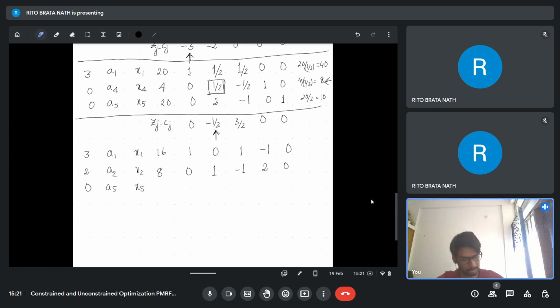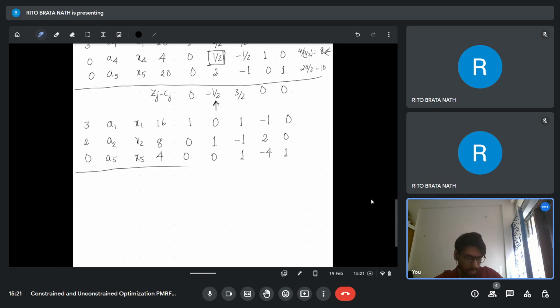And for the last one, multiply the second row by 4 and subtract it. So that will be 4, 0, 0. This will be 1. This is minus 4 and this is 1, right? So this is also fine.